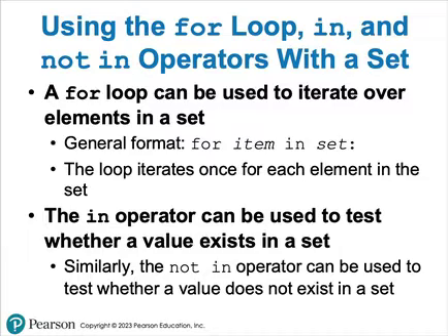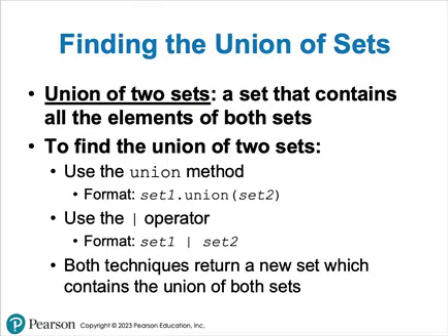In mathematics, when you're dealing with sets, one of the things you do is find a union. A union of a set is where you draw in math two circles that overlap, and the things in the overlap are the union of the sets. And what that means is it is the elements or items in the set that are in both the first and second set you're referring to.